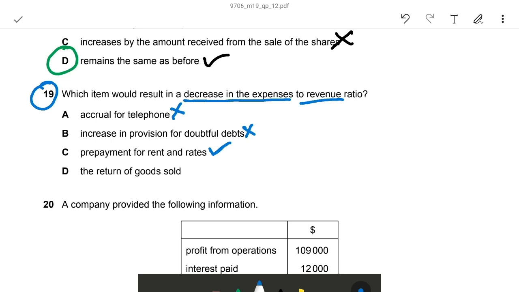Return of goods sold: it is not affecting the expense. So the correct answer is prepayment for rent. Prepayment means rent paid in advance. It will decrease the expense of the current year. So prepayment for rent is the correct answer.